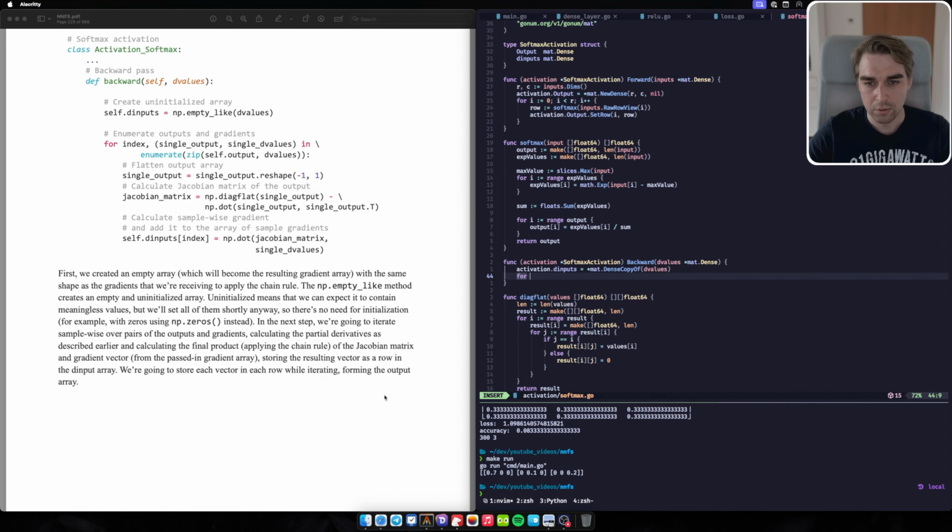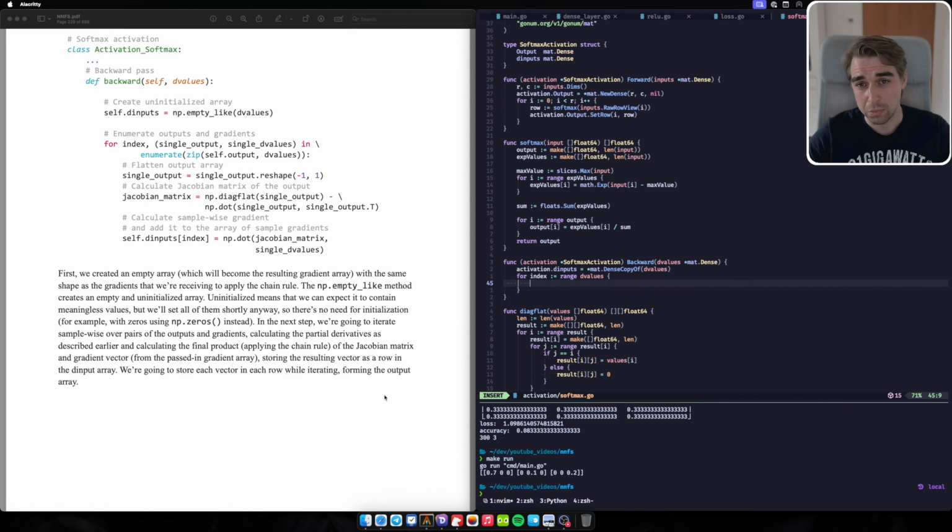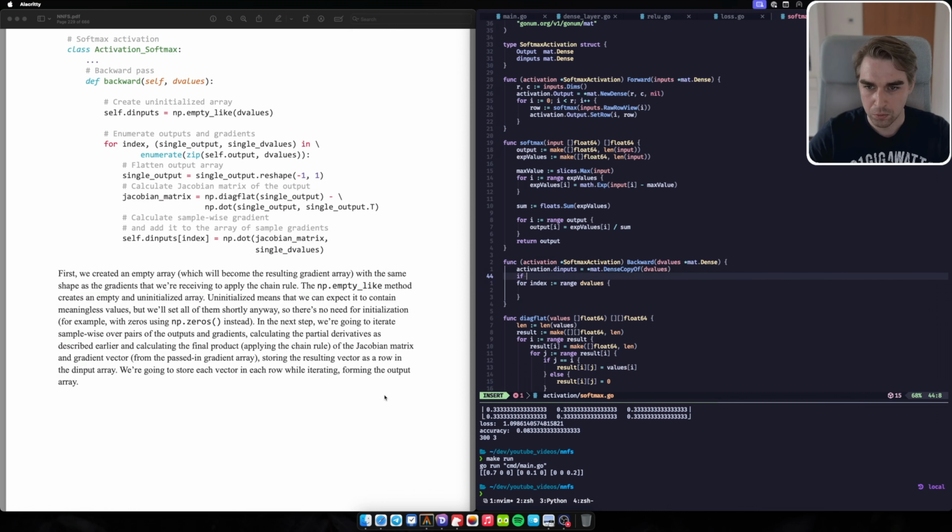So for index in range of dvalues, but actually, can I do this?